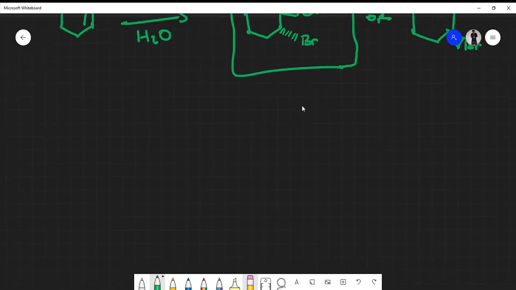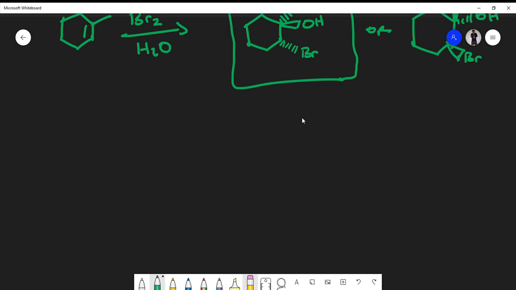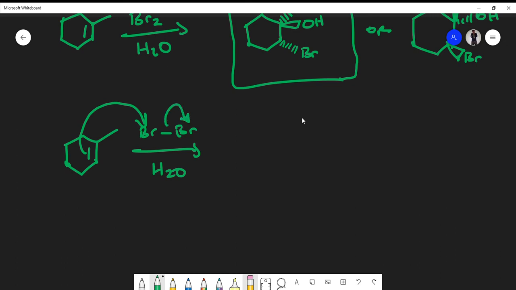So if you look at the mechanism of this reaction, if I take this molecule and add Br2 in H2O, the first thing that happens, which we've already learned in organic chemistry, is that the alkene is very nucleophilic, and so it's going to attack the bromine. This bond is going to break and create Br minus in solution. If that is true, then we must create a carbocation, because we lost our alkene bond, and we still have our methyl group.